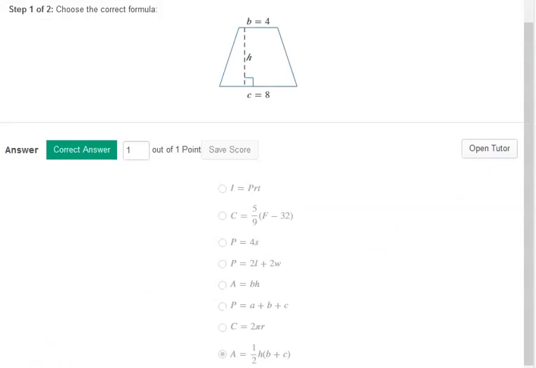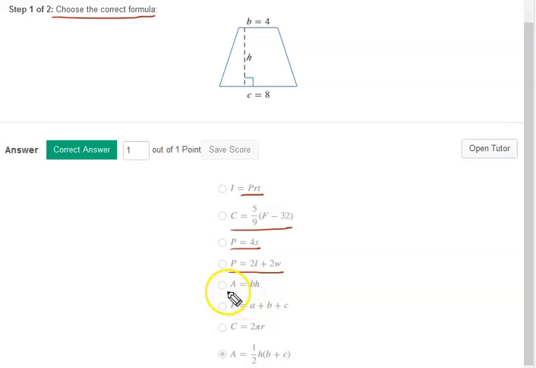All right, in item 14, and I would make a little sketch of that on my paper. First of all, they want us to choose a formula that represents the area of a trapezoid. While reviewing them, this is interest formula, temperature formula, perimeter of a square, perimeter of a rectangle.